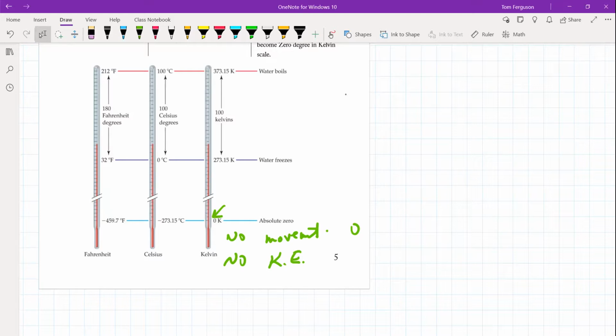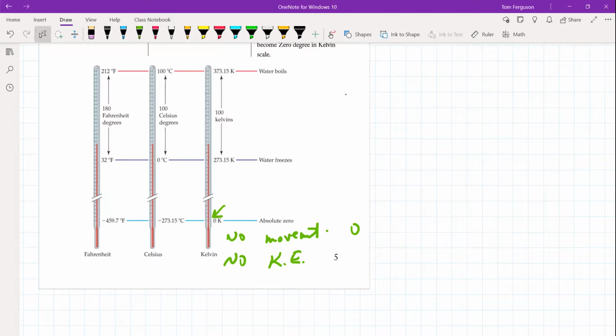Well, what physicists did a long time ago, they said, well, if we're looking at kinetic energy of a system, what if there is no kinetic energy, no movement whatsoever? Can things get colder than that? Well, if there's no kinetic energy in the system left to pull out, you can't get any colder.